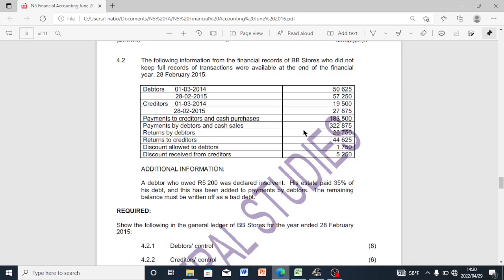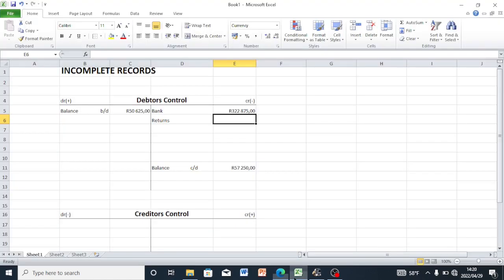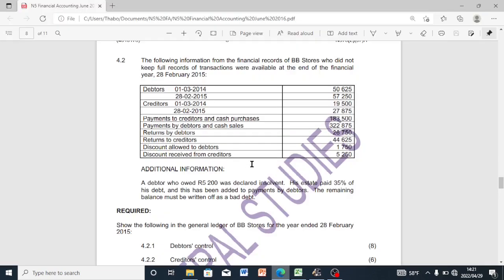Now that they are returning whatever they are returning, we should decrease our debtors control, because we no longer have them as our debtors. It's going to be 26,750.